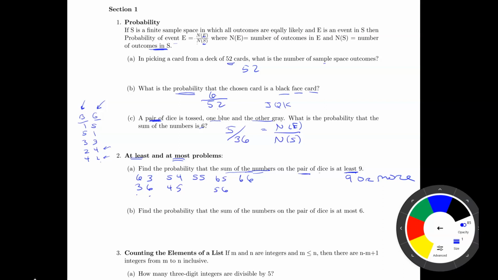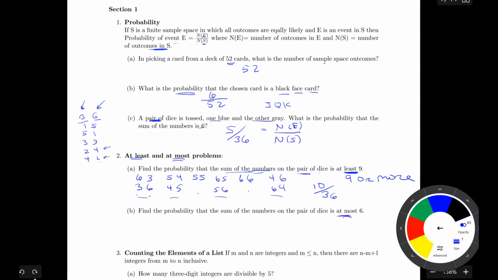Yes. So for 10, I could get a 4 and a 6 and a 6 and a 4. I like to keep my work organized so that I can go back over it and make sure I got all of the cases. So I've got 2, 4, 6, 8, 10 out of the 36 possible, and that gives me a sum of 9 or more. That means at least 9.